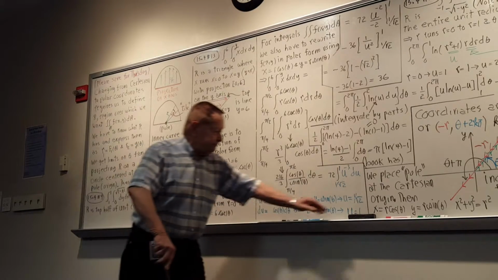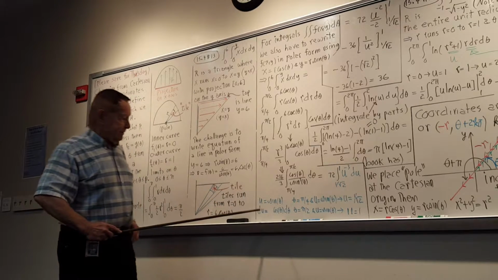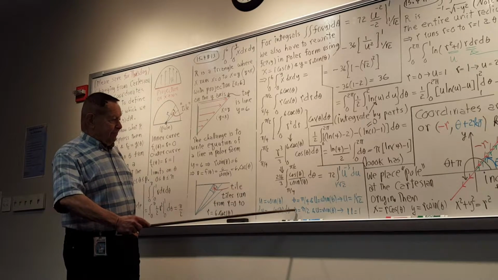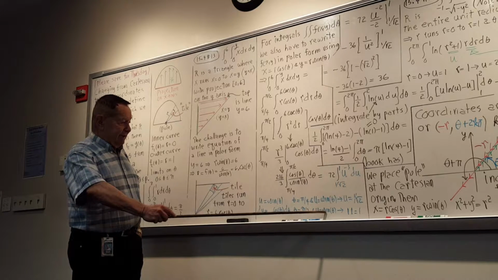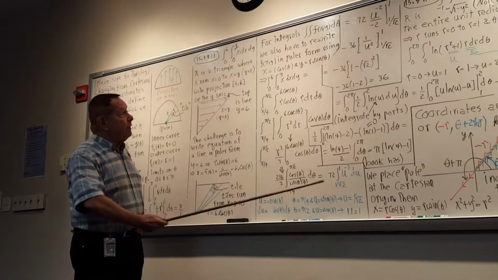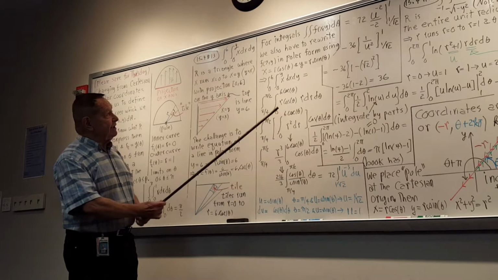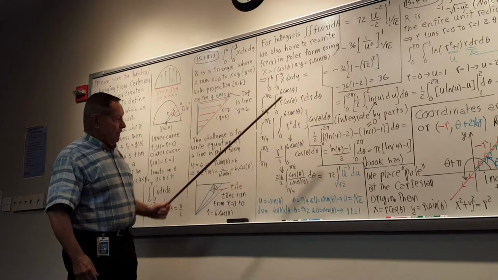And then at pi over 2, u is sine theta, then sine pi over 2 is 1. So 3 into 216 is 72.